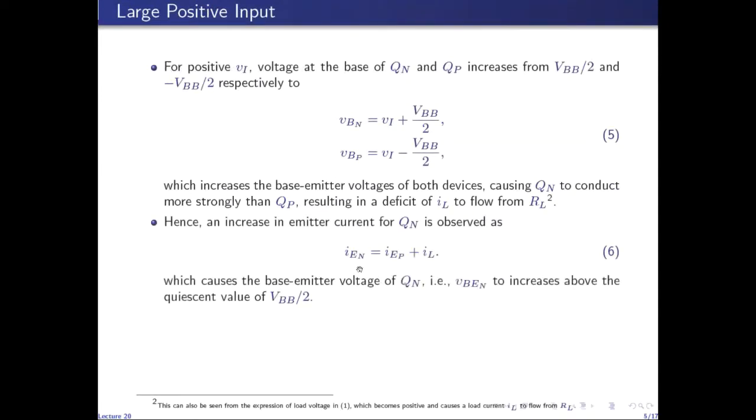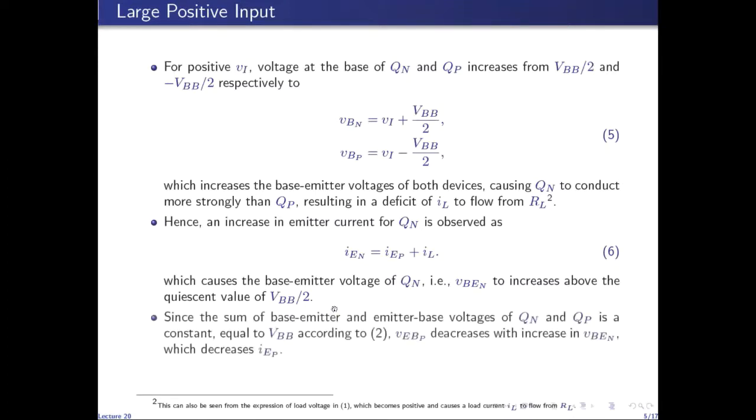The increase in the emitter current of QN will in turn increase the base emitter voltage of QN. That is, VBE of N will increase above its quiescent value of VBB by 2.